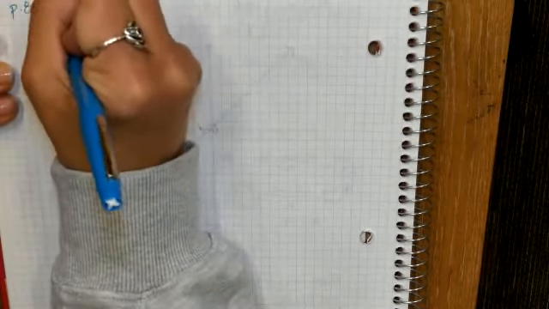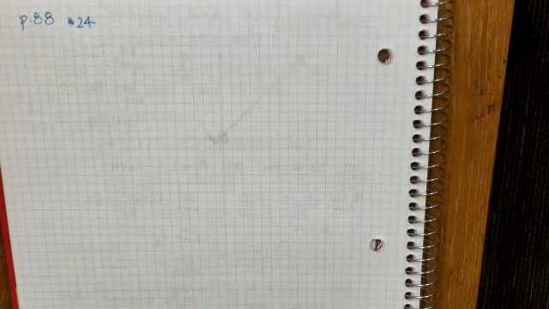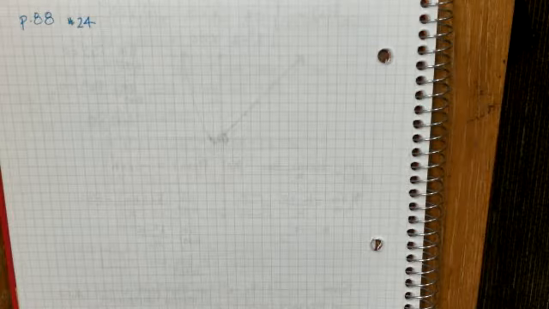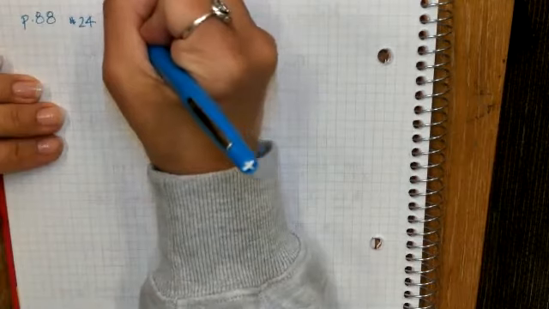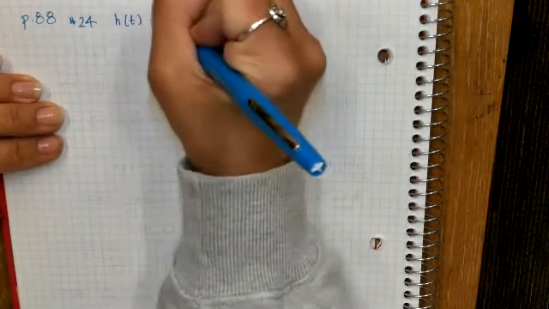I try to do even problems in the book, and that way you can hopefully mirror those if you're stuck on an odd problem. At t seconds after liftoff, the height of a rocket is 3t squared feet. So the height is 3t squared.